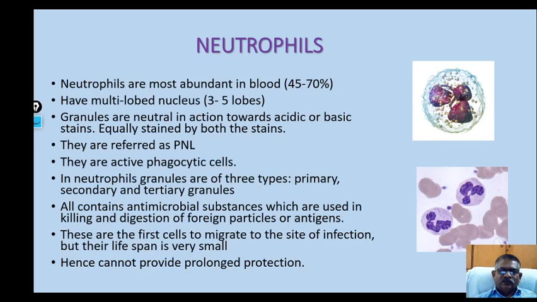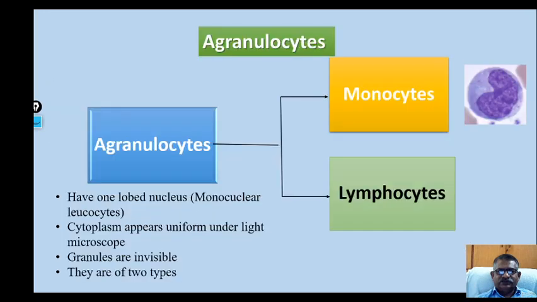Almost all the granulocytes have a very small lifespan of 3 to 5 days compared to the agranulocytes. In agranulocytes, the lifespan is quite long, from weeks to months or years, and therefore it is stated that granulocytes cannot provide prolonged protection.